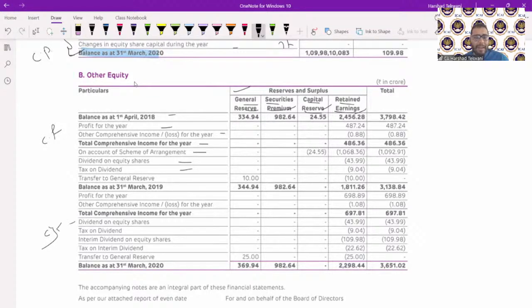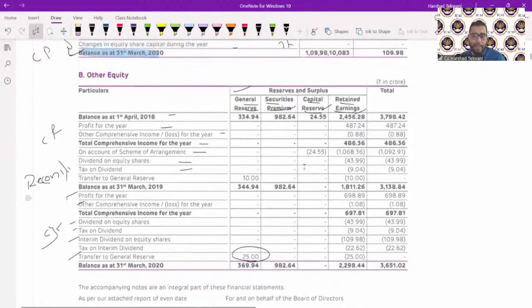What they have transferred, like issue of dividend, tax on dividend, interim dividend, transfer to general reserve, profit for the year, OCI. They have provided all these details. Let's say there is a transfer from general reserve, they have provided it under this particular head. This way, a reconciliation has been given in the statement of changes in equity.